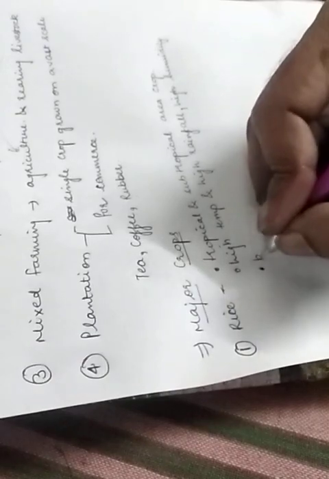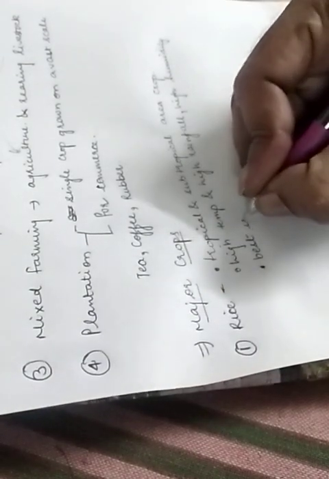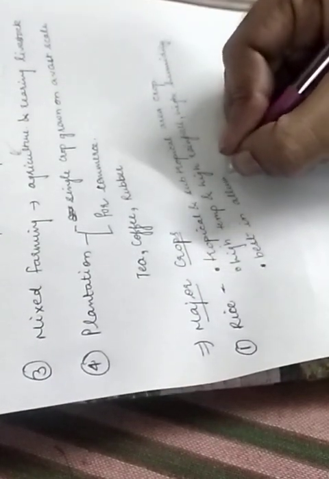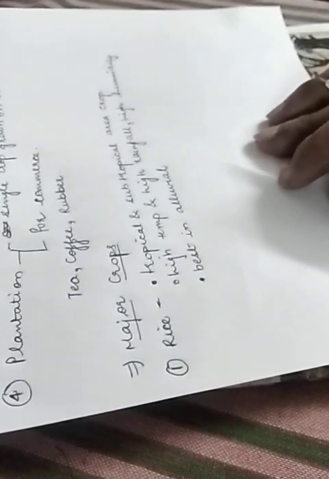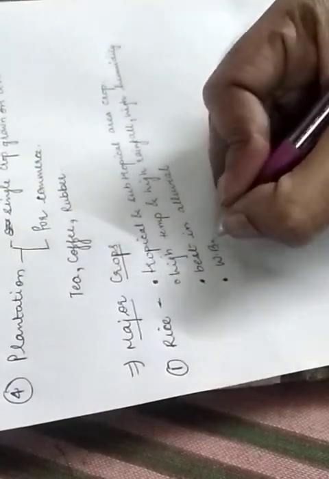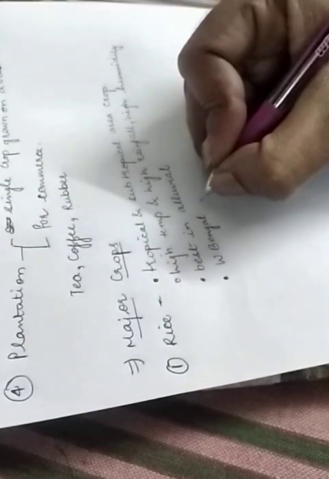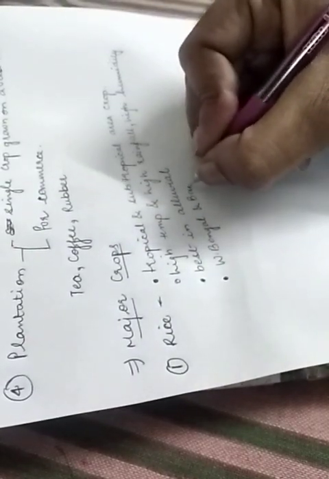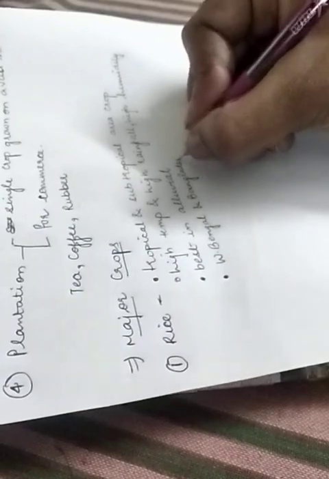It is best grown in alluvial soil; the Ganga and Brahmaputra plains are famous for rice growing. One thing: West Bengal and Bangladesh grow rice 3 times a year.